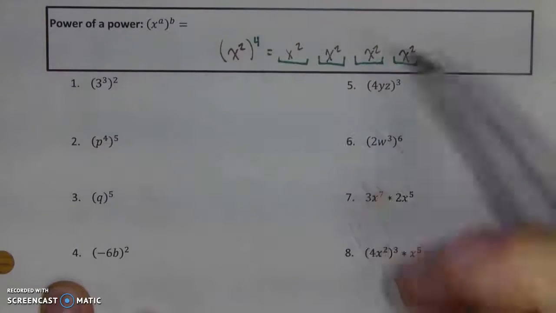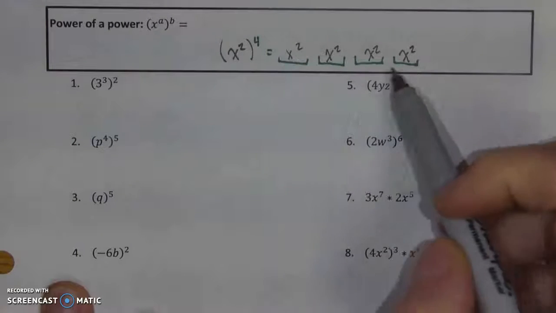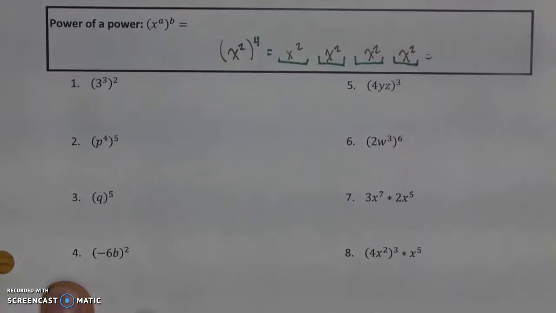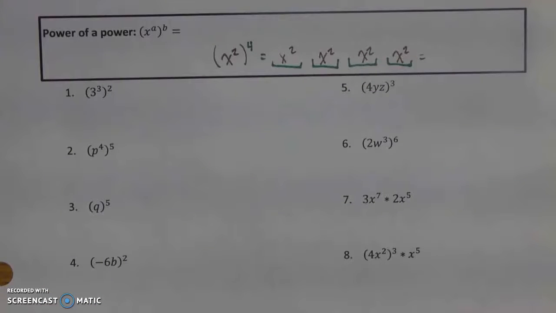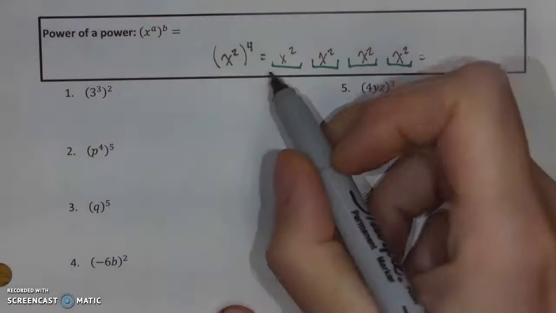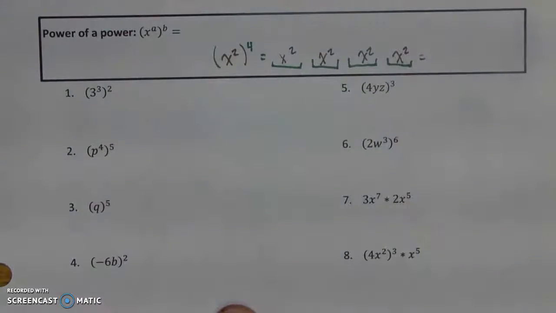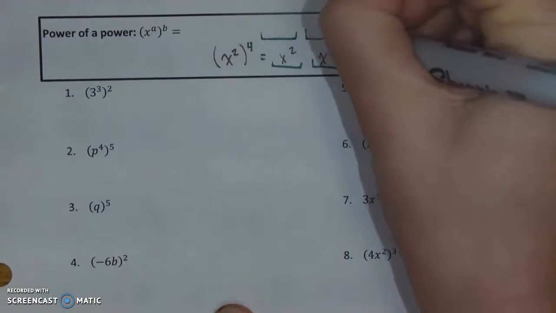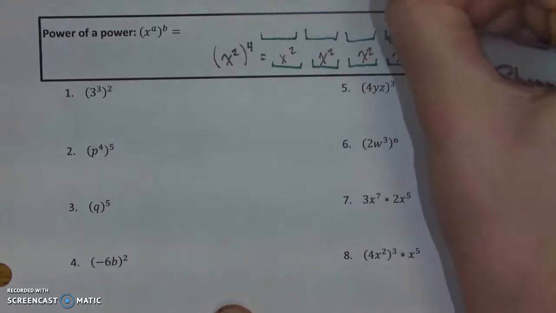Also, what we could say is, well, I don't want to write this as x squared. I really want to write this as x times x. So here what I'm going to end up with then is, for each one of these, I'm going to write x times x. I'm going to remember I'm going to have 4 sections of these.